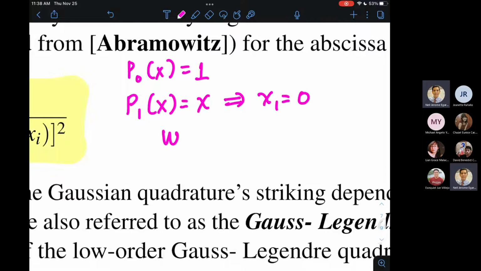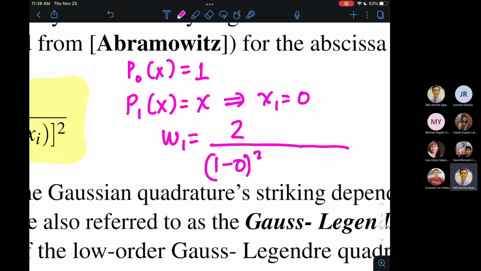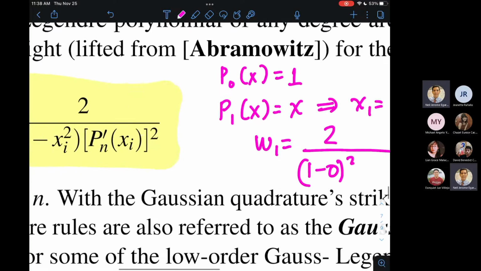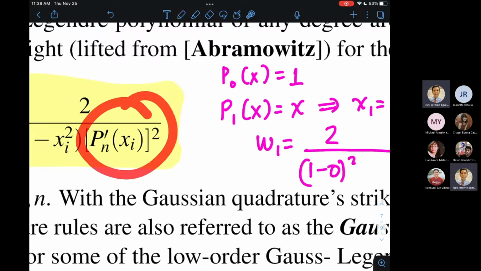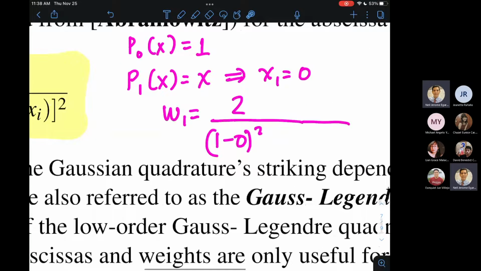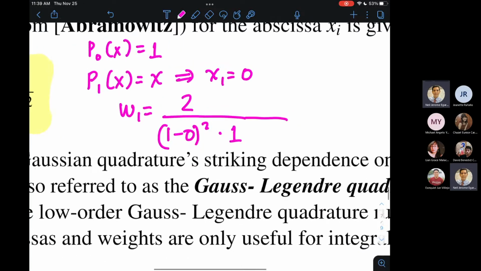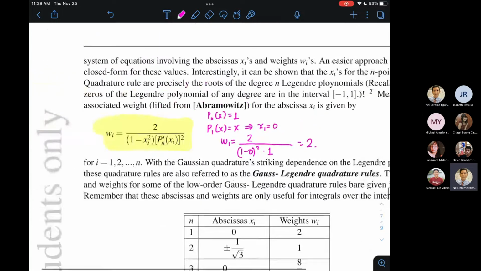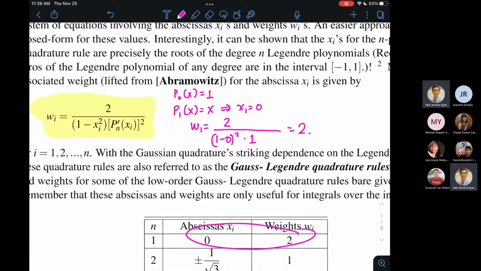The associated weight would be 2 over 1 minus 0 squared times the derivative of P evaluated at x sub 1. But P1 is just x, its derivative is 1, so this will just be 2. Okay? And that's what it is.